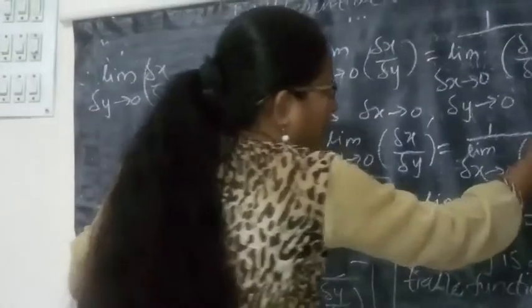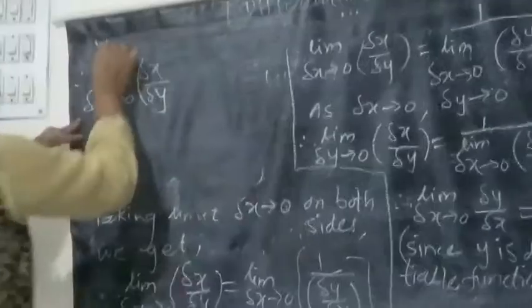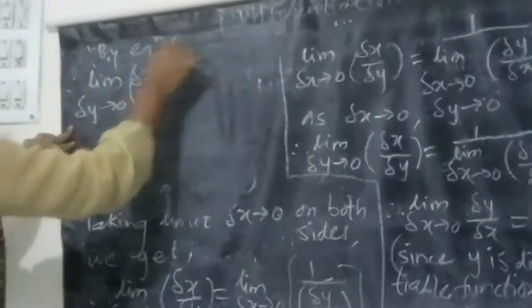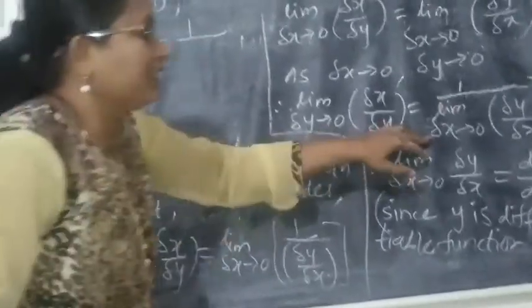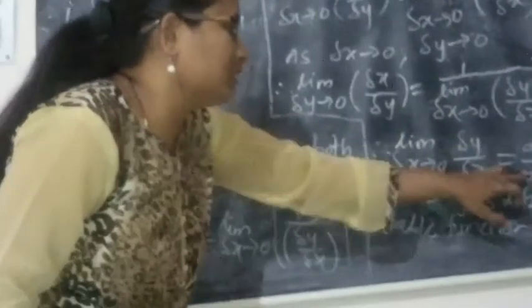For this we can say equation number 1. So by equation 1, this is equal to 1 upon limit delta x tends to 0, delta y upon delta x, that is dy by dx.